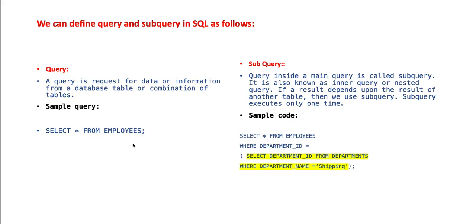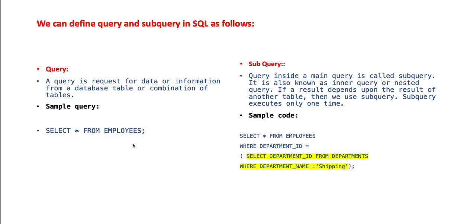Suppose we are going to select all records from the employees table, but we have a certain condition. We are selecting only those records where the department name is shipping. That means we don't have department name information in our employees table.